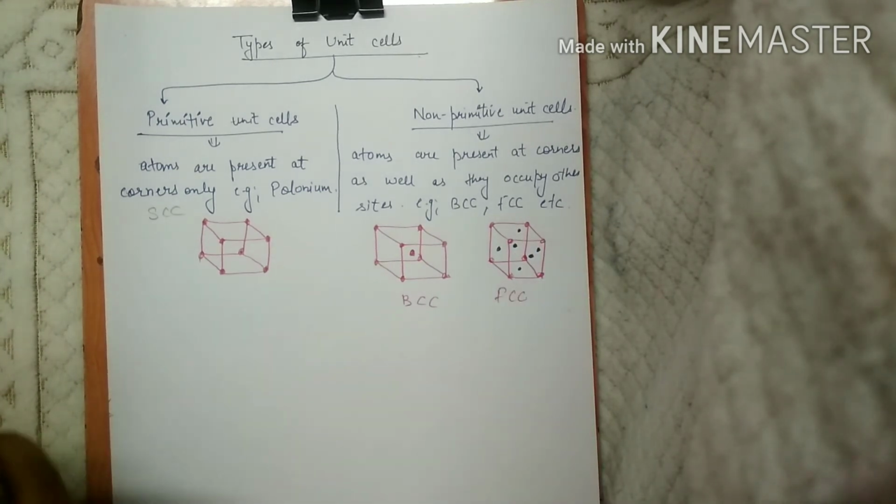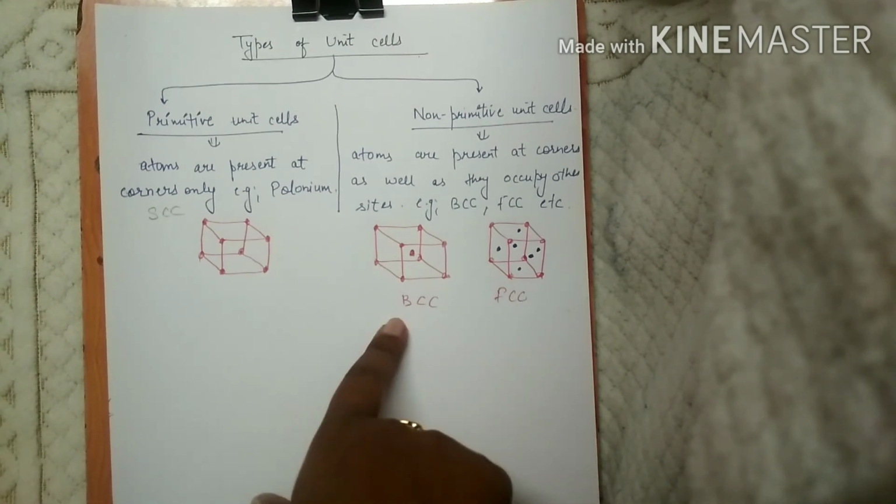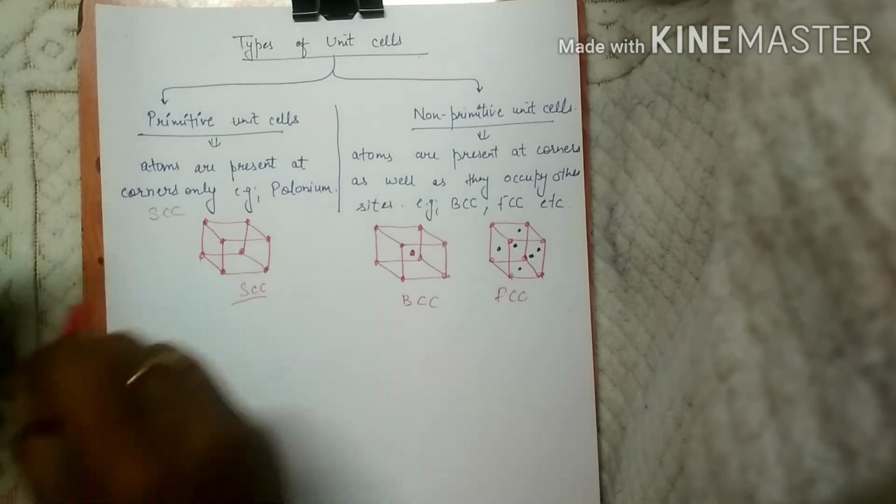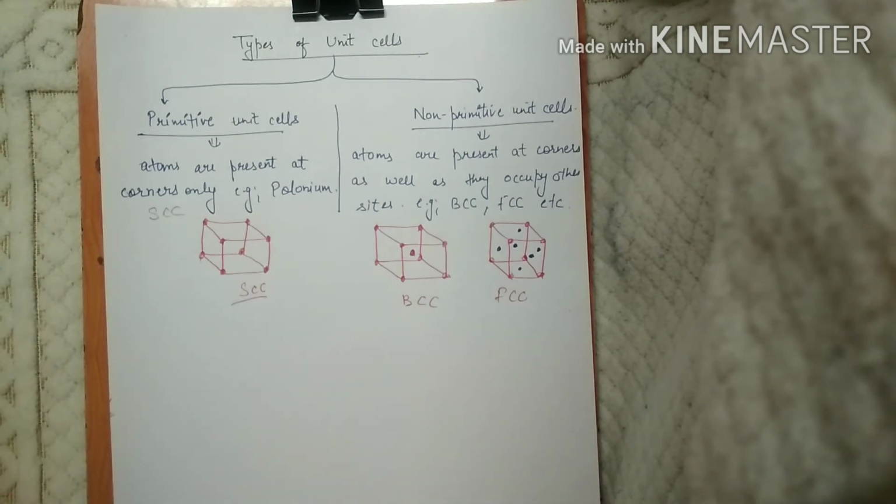This is your FCC and this is your BCC. This is your simple cubic, or you can say SCC. So these are your types of unit cells.